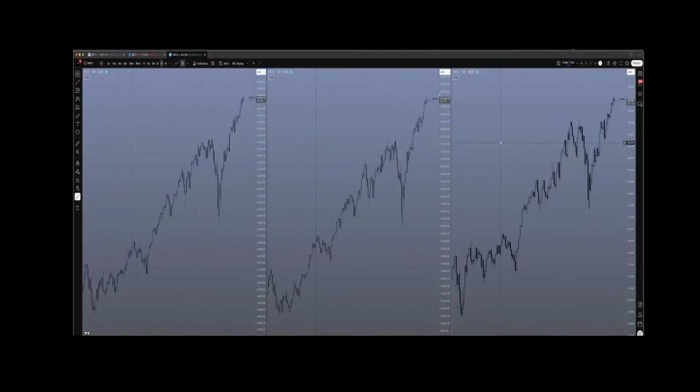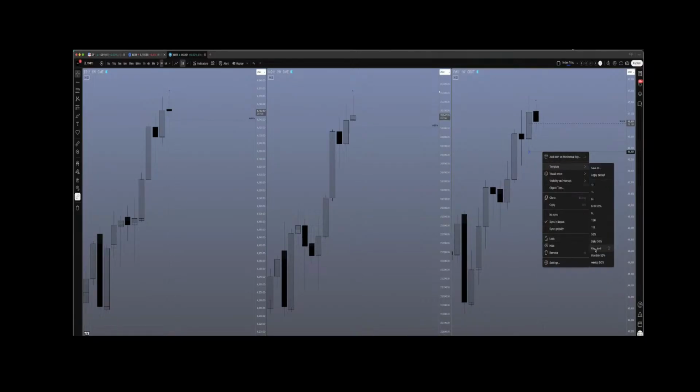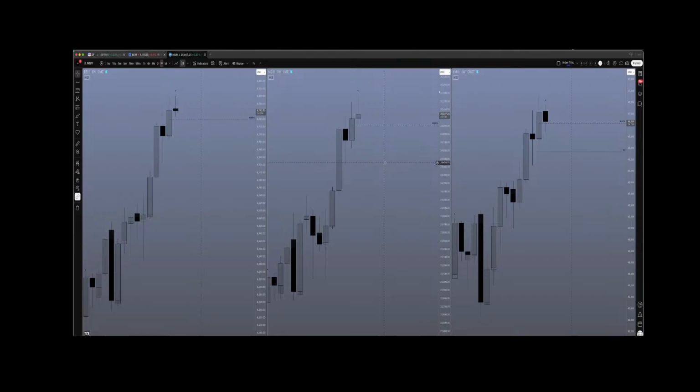So let's just mark that out. Put that as a key level. So that's probably our draw for liquidity on YM.